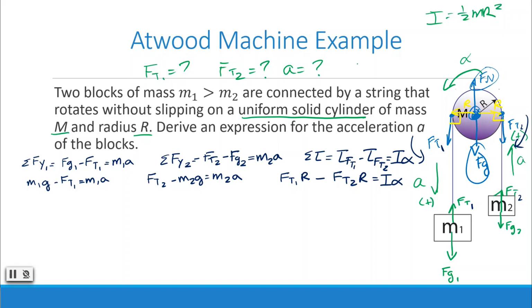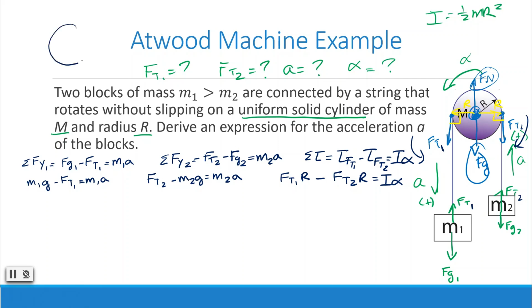And now we've also introduced a new unknown value, alpha. So I actually have 4 unknowns, but only 3 equations. So it seems like I'm stuck. But we need to make one more assumption.